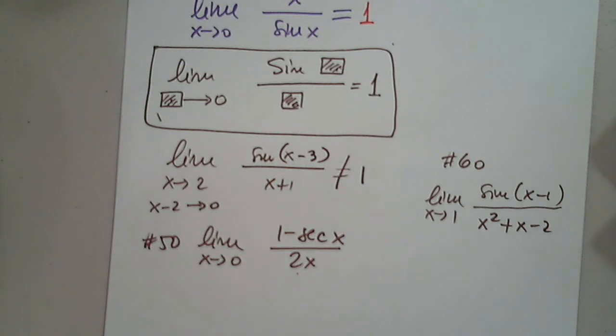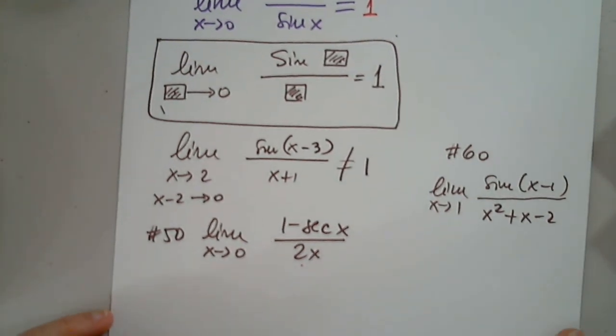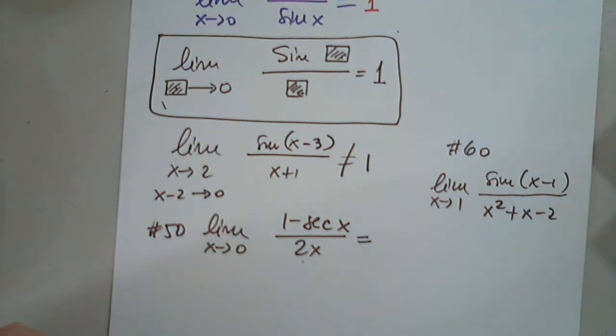Okay, perfect. Good. So we're asked to find this limit. The first step is we have to identify what it is. Can anyone tell us what it is? Where does the numerator go? Where does the denominator go?